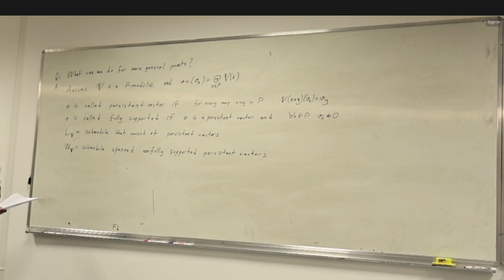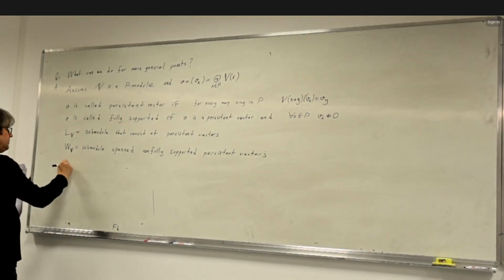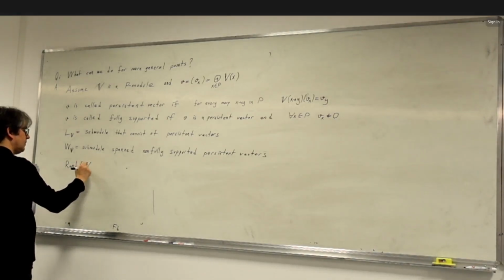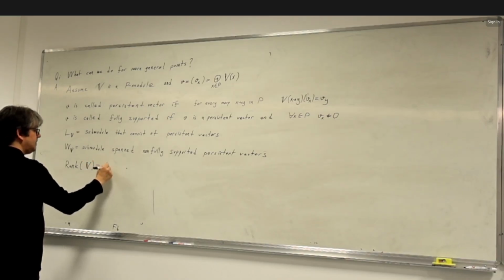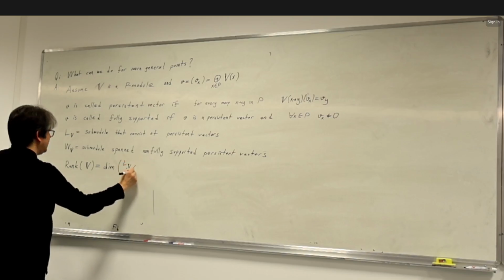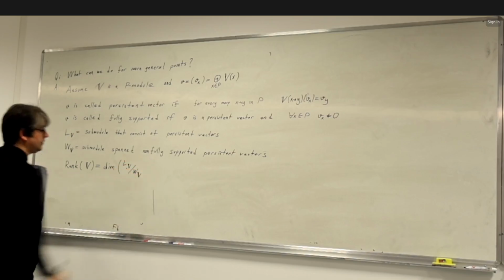Now, then we can define the rank of V as the dimension of the vector space LV divided by WV.